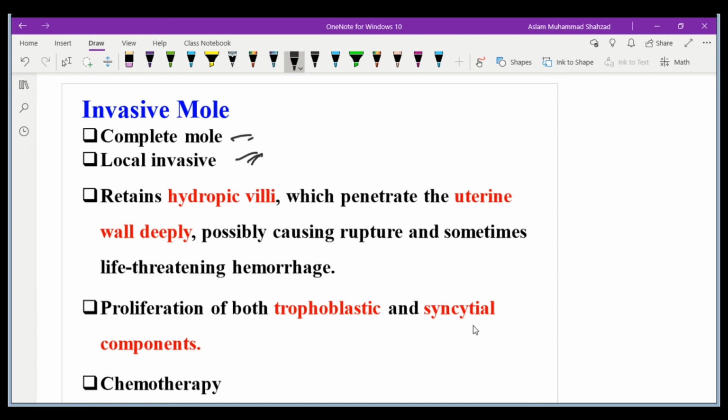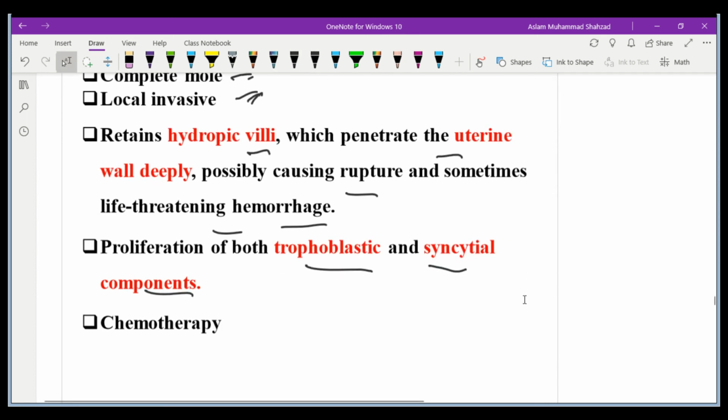These hydropic villi which penetrate the uterine wall can rupture and can be life-threatening and cause hemorrhage. The proliferation of trophoblastic and syncytial components can lead to metastasis and cause invasive carcinoma. For treatment we need to give chemotherapy. We will discuss in our pharmacology topics, where we can give a multiple drug regimen, a combination of different classes of drugs.